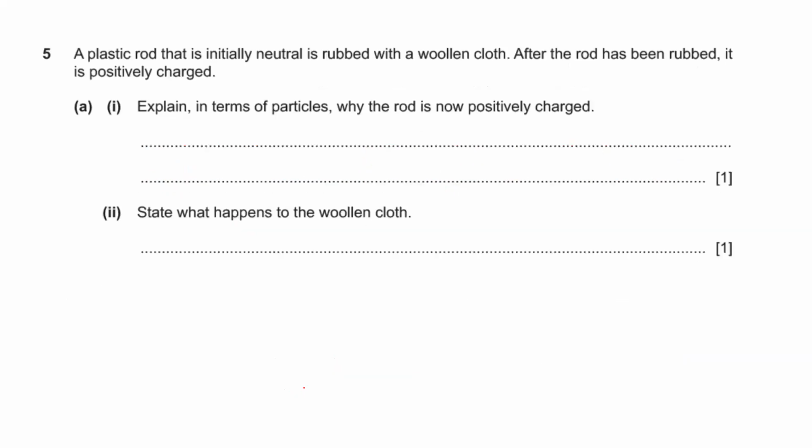So okay, next question, question number 5. It says a plastic rod is initially neutral and is rubbed with a woolen cloth. After the rod has been rubbed, it is positively charged. Explain in terms of particles why the rod is now positively charged.